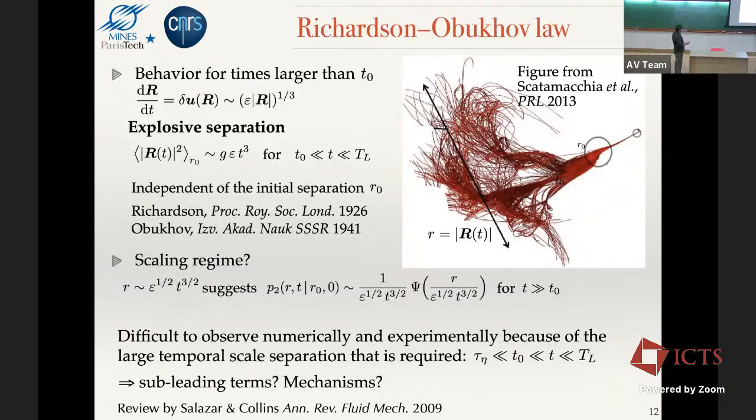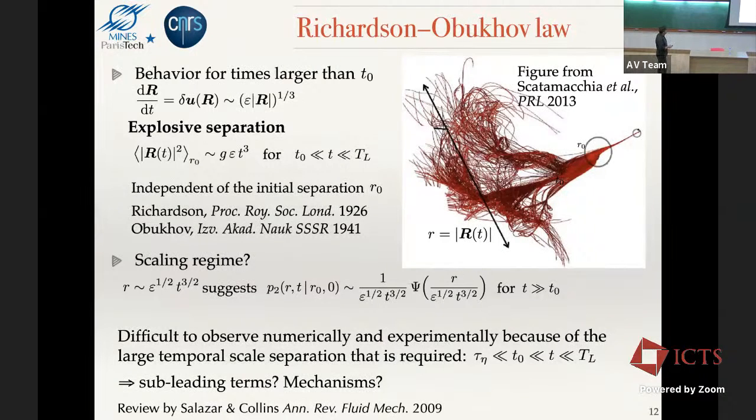If we are looking at times larger than the time length of this initial ballistic regime, we can say that typically the time derivative of the separation between the particles is like the increment of velocity at this very specific value of the separation. And this you approximate using Kolmogorov 1941, so it's like r to the 1/3. So it's more or less the equation I wrote before: dr/dt is proportional to r to the 1/3.